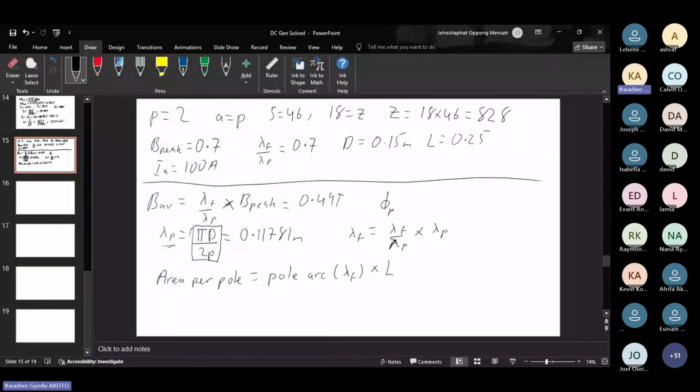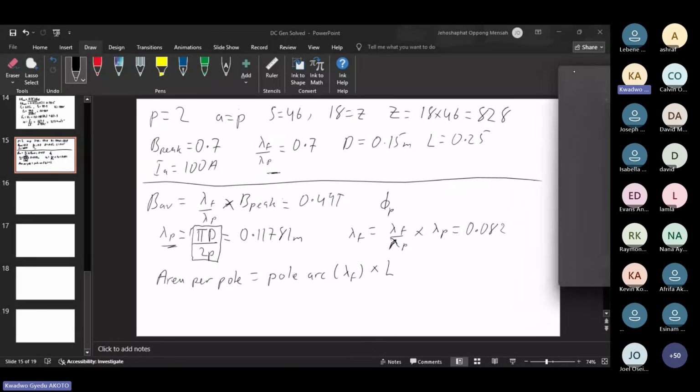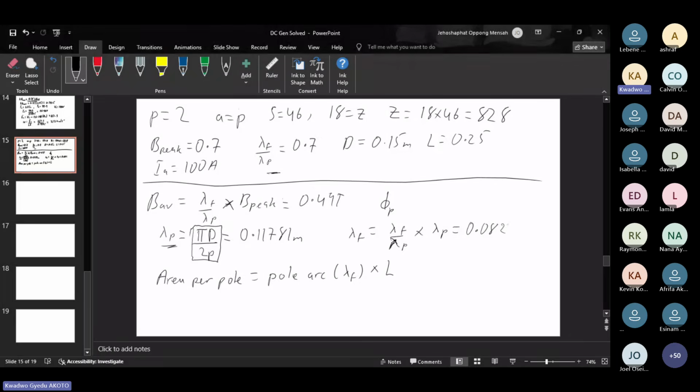We found lambda p here. We know lambda f on p is equal to 0.7. So our pole arc, lambda f, is going to be 0.08267 meters, right?